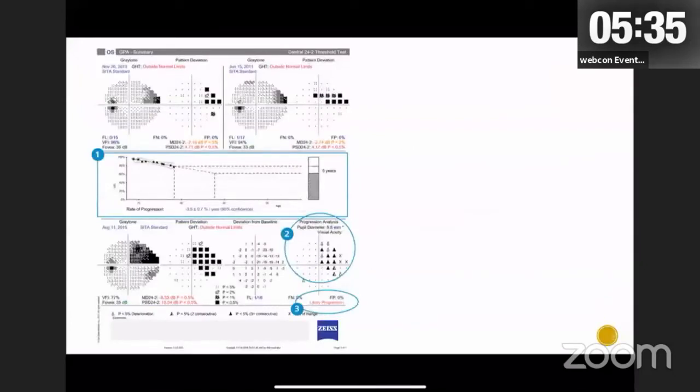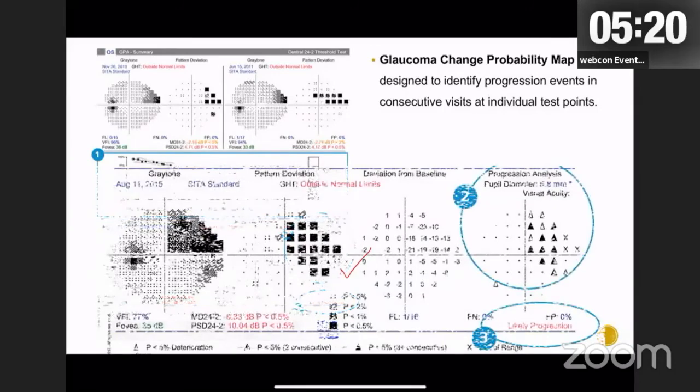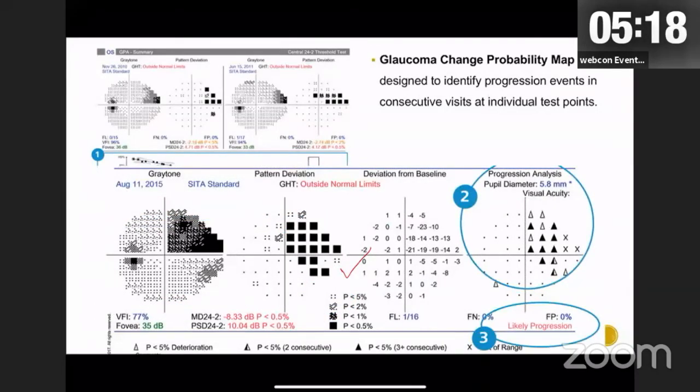So here, this is the classical GPA printout. This part of the GPA printout is basically the glaucoma change probability map, which is designed to identify progression events in consecutive visits at individual test points. Here we can see that whenever we have these kinds of open triangles, that means they are depressed at one field, as I just explained.